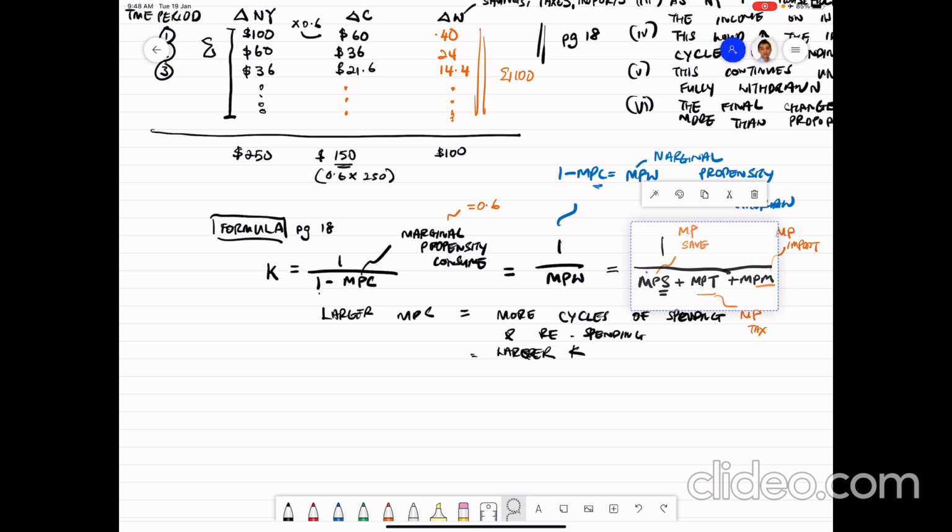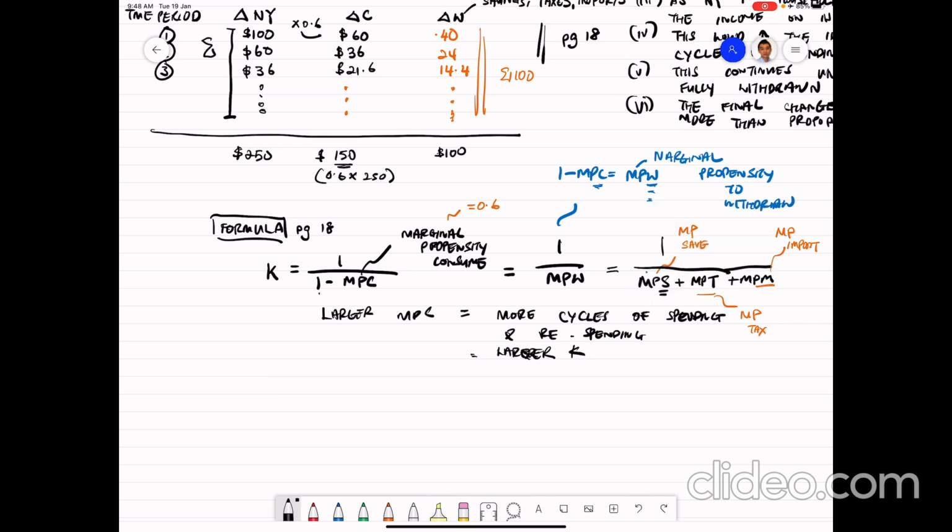In other words, if you're saving a lot, there isn't much consumption for the next guy, and the next guy would receive less, and the next guy also doesn't consume much, so he's going to save a lot. Then it's going to be even less for the next guy. So the higher the marginal propensity to withdraw, the smaller the multiplier.